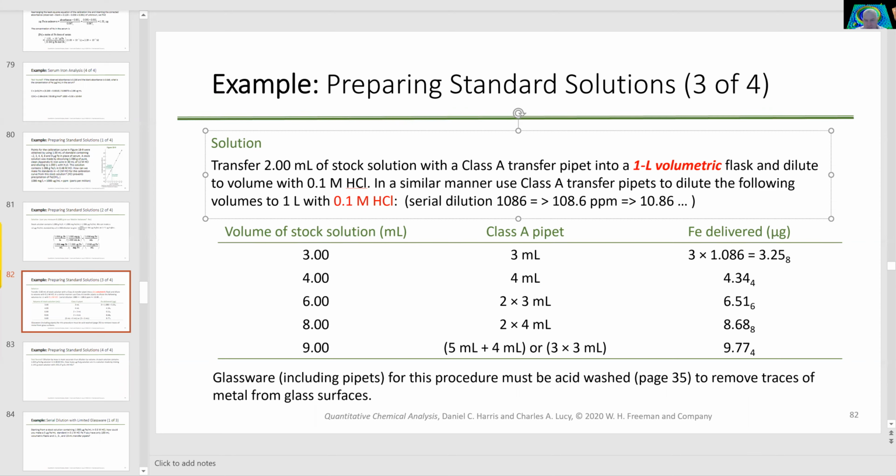Then you have 3 mil. What physically will you do? You need two new volumes, right? You need a V1 and a V2, right? Because what we're doing here is we're exercising our muscles on C1 V1 equals C2 V2, right?